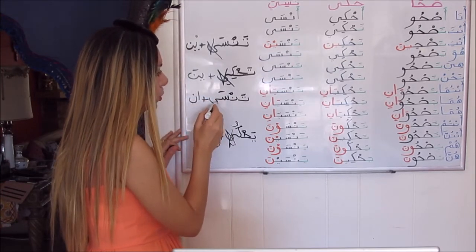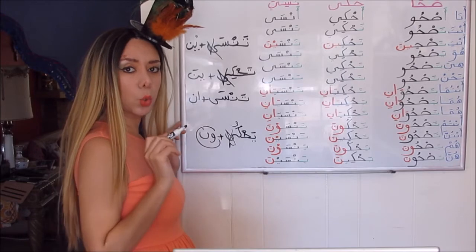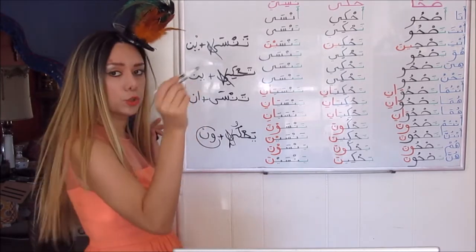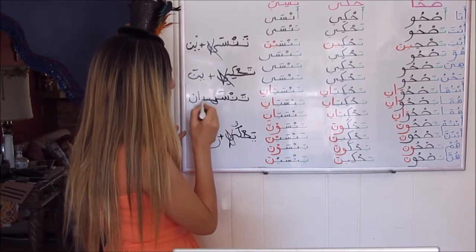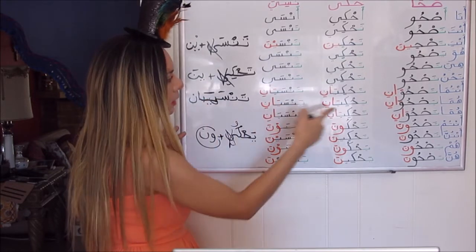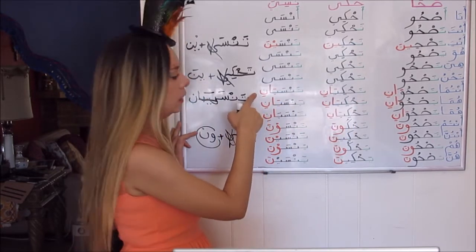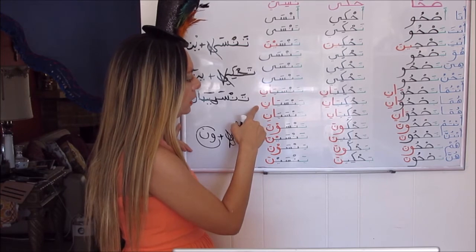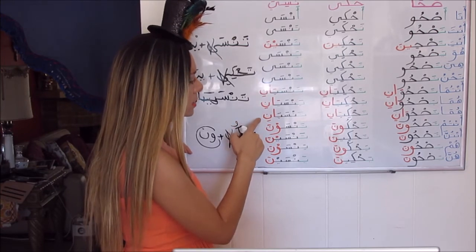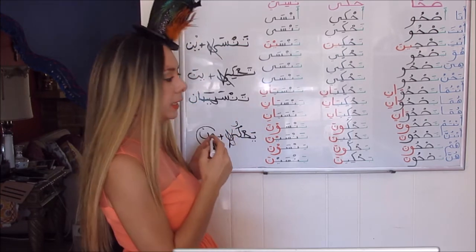So this shortened alif turns to its original form. It means to a ya. So we have antuma tansayani, huma yansayani, and huma tansayani. Okay?